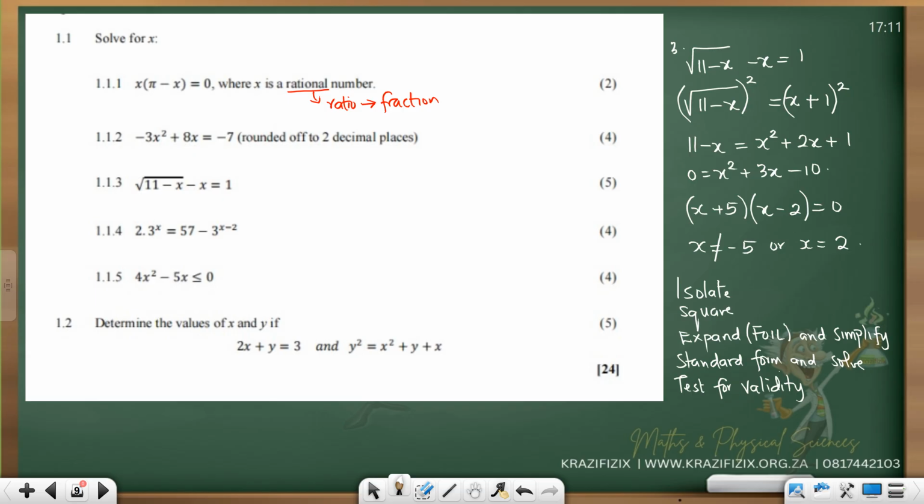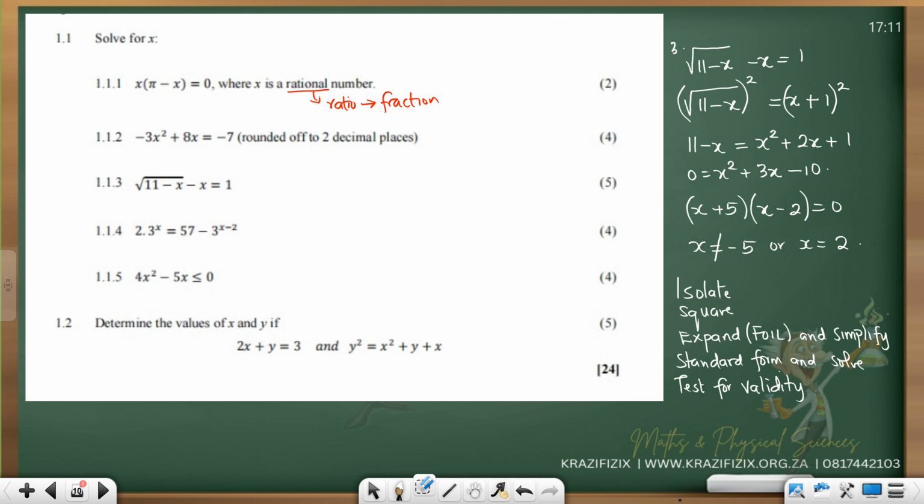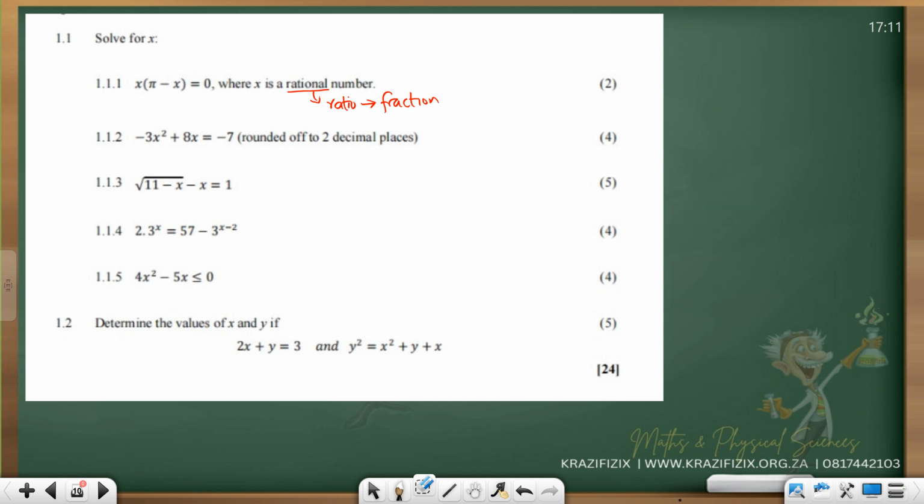Very routine steps. Test for validity. Okay. What's our next one? Number 4. I would love us to do this test again. And then we keep adding.